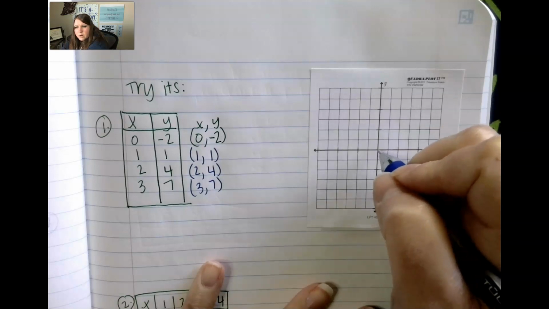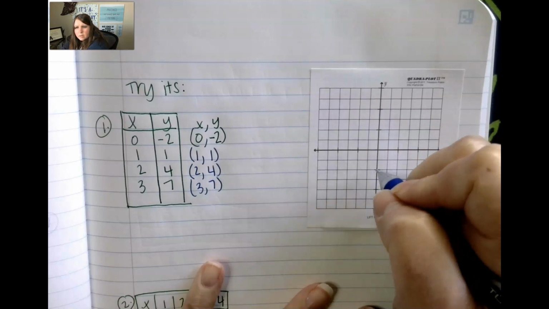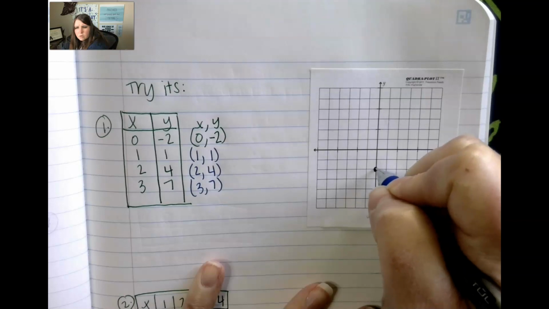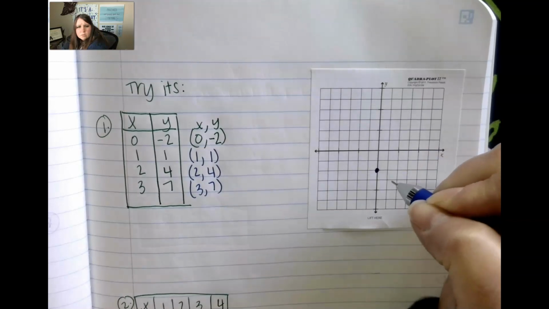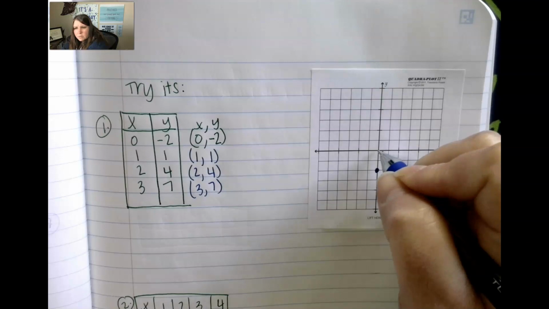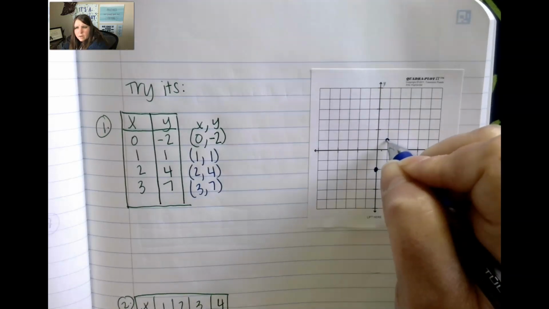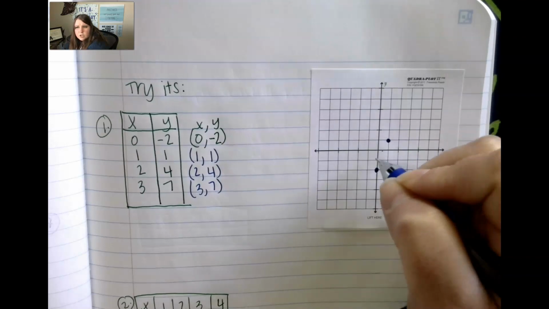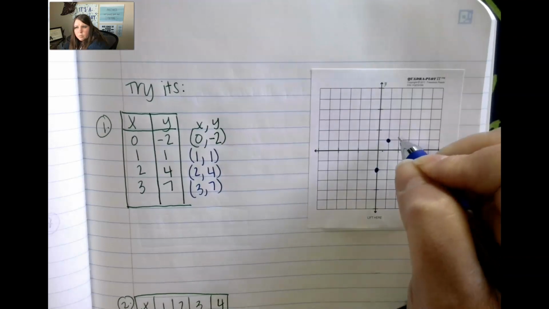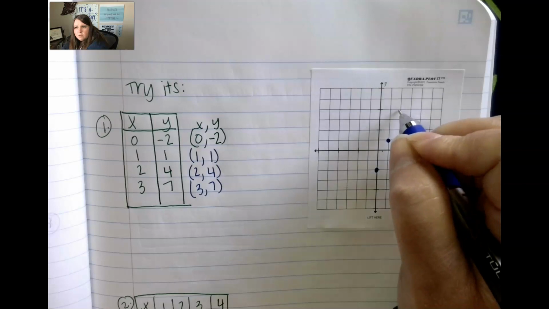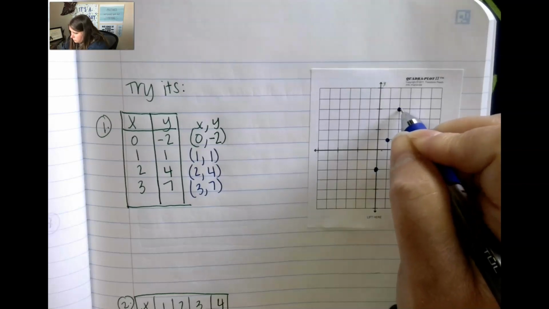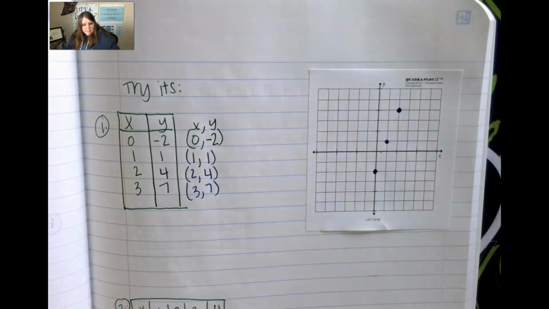I'm going to go nowhere and then go down 2. My next one is 1, 1. So I'm going to go over 1, up 1. 2, 4. Over 2, up 1, 2, 3, 4. And my last number is not going to fit, 3, 7. I can only go to 5.